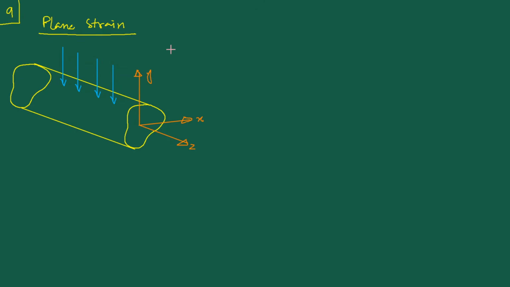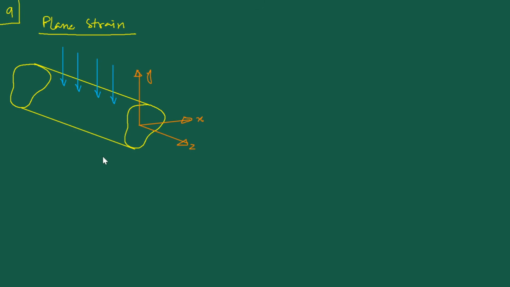What cannot happen is that we have a loading which is like this, which has a component along the z direction. That cannot happen, so that is wrong. So we remove that. You understand that this loading is going to continue all along the length, so it is not just within this zone that this loading is taking place.